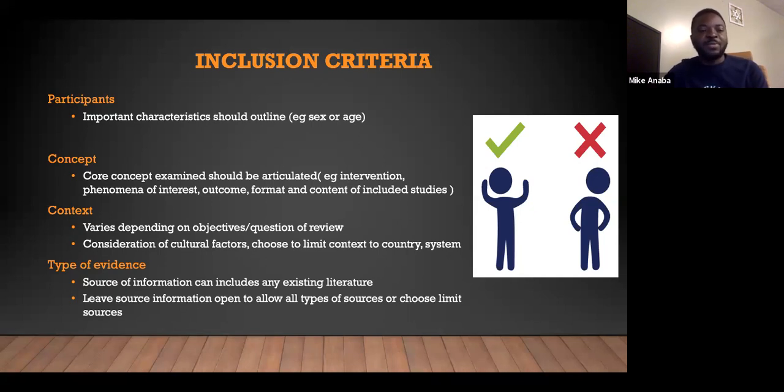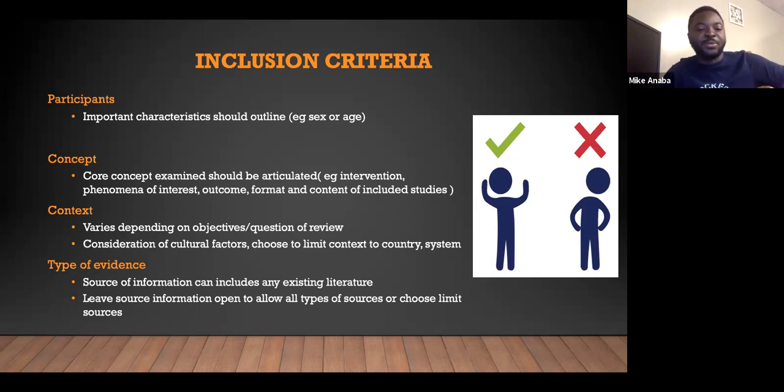And then the concept, again, is also important because you need to articulate to your readers what specifically you are looking at, what is the intervention or the phenomena that you are looking at. And then the context, again, we saw how important that is, and the type of evidence you are looking at.